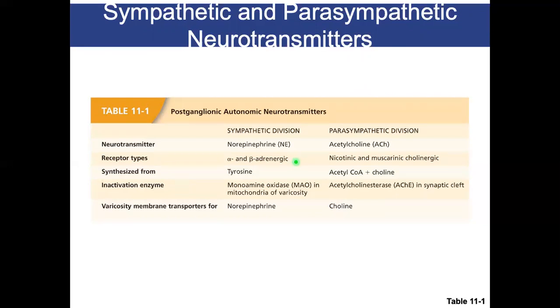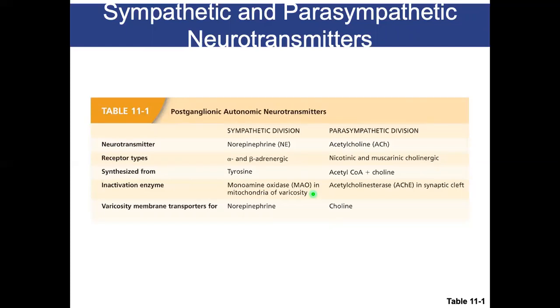The inactivation enzyme, not that you have to know that for an exam, is monoamine oxidase. And so when norepi is released onto these adrenergic receptors, MAO is going to break down the norepi.